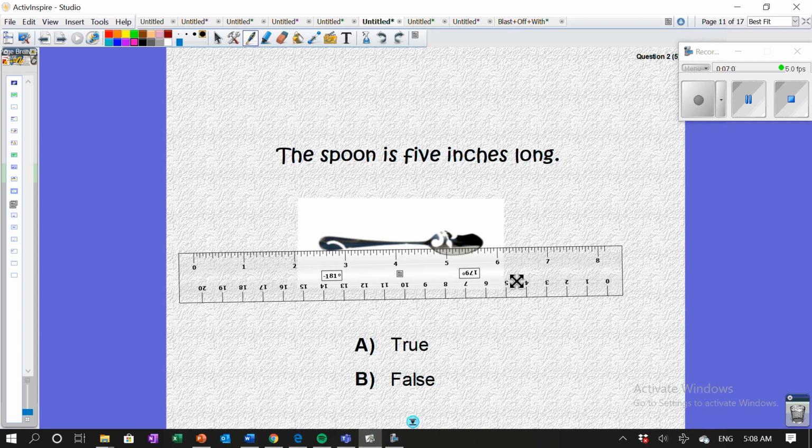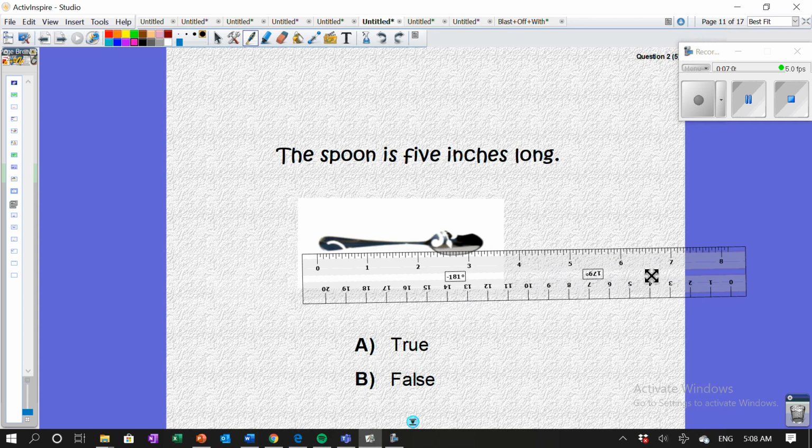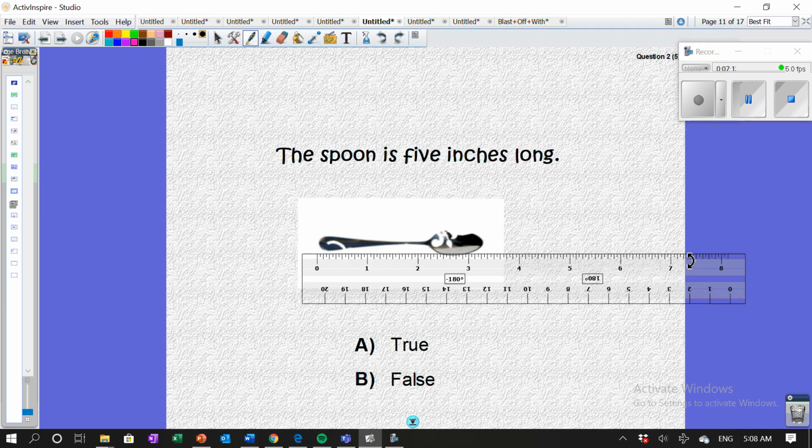And the measurement is about, yes, the spoon is 5 inches long. Can you see the spoon is 5? No, it's about 3.5. So is it true or false? Perfect, it's false.